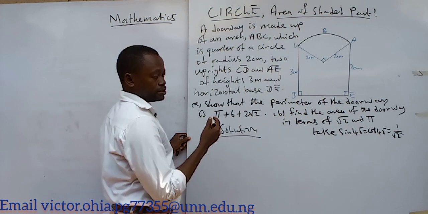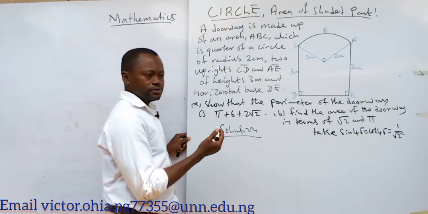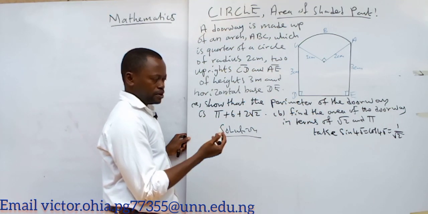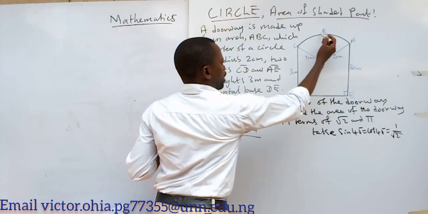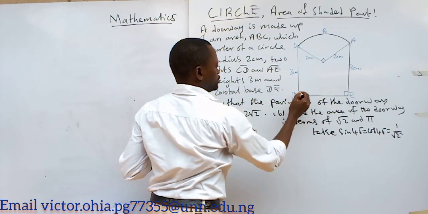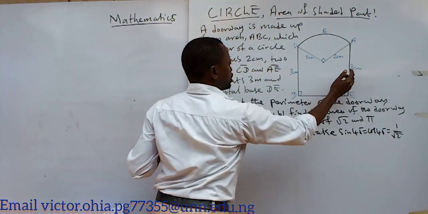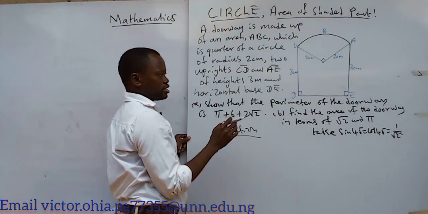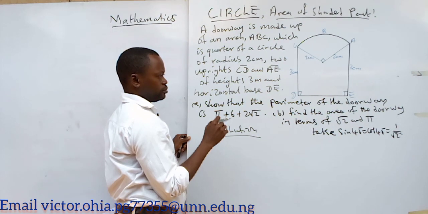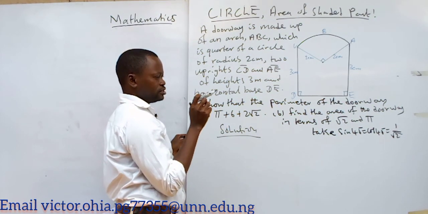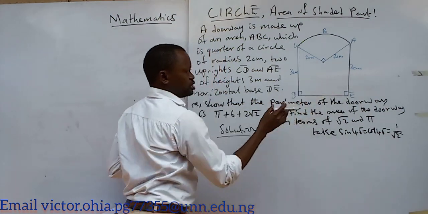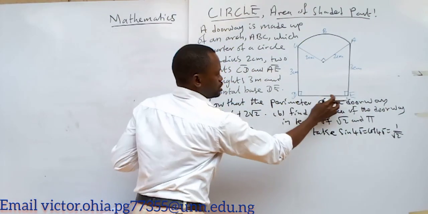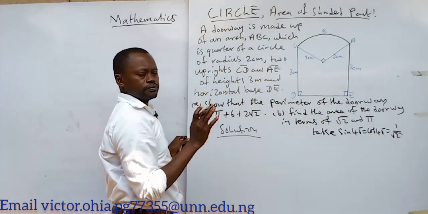We know that perimeter is distance round an object. That's perimeter, distance round an object. So what we are talking about here is this arc, this side, and this side. That's exactly what we are talking about here. But if you are observant, you realize that this DE, because this is a rectangle, is not given.